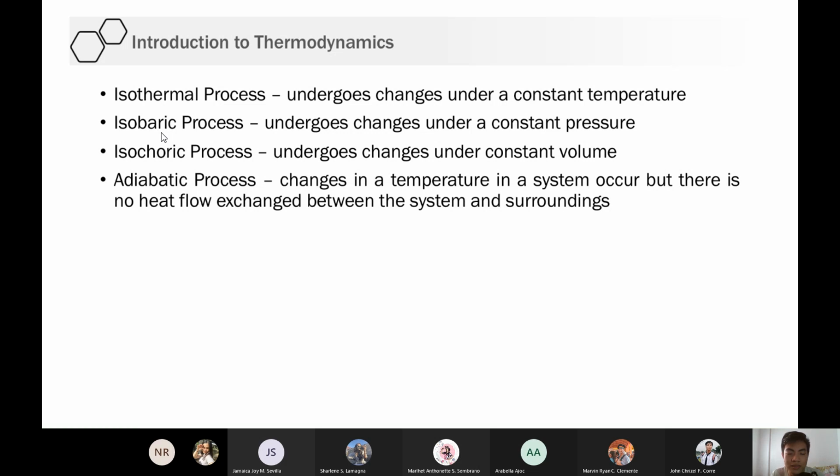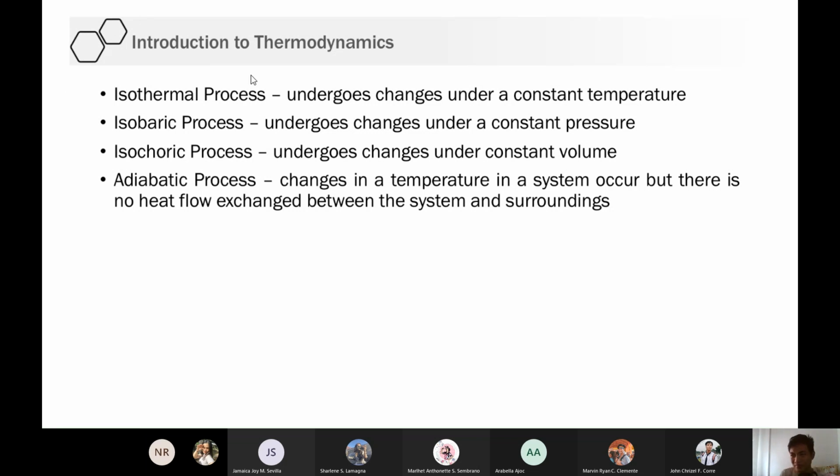Yung bar doon, ibig sabihin, pressure. Isochoric, ito medyo hindi obvious. Pag sinabing choric, volume yun. So, yun yung mga iso processes. Isothermal, constant temperature. Isobaric, constant pressure. Isochoric, constant volume. Let me give you some examples.